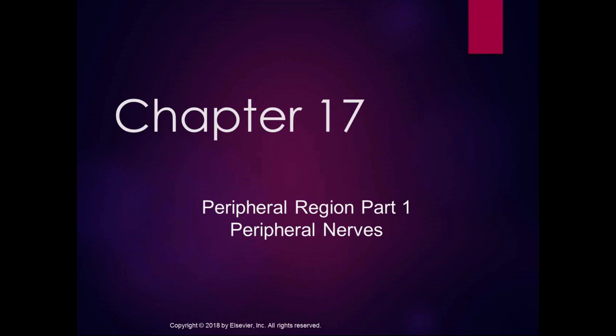We had talked before where there's the central nervous system and the peripheral nervous system, and the central nervous system includes everything that's encased in bone. The peripheral nervous system includes all neural structures that are distal to the spinal nerves, including the axons of cranial nerves that are outside the skull. We'll talk about cranial nerves in chapter 19.